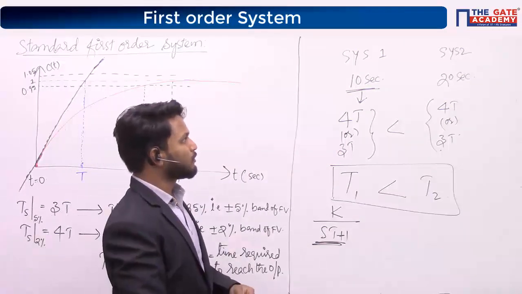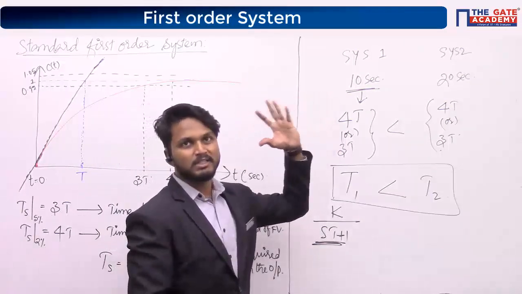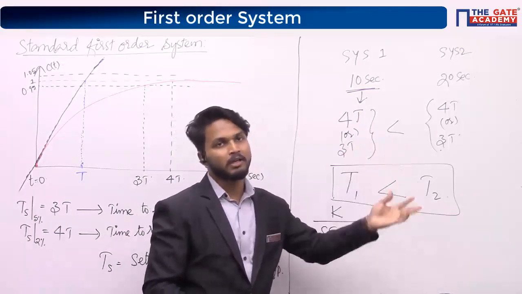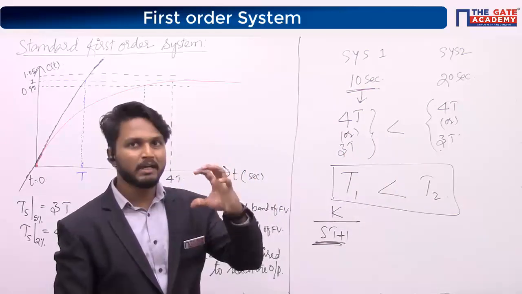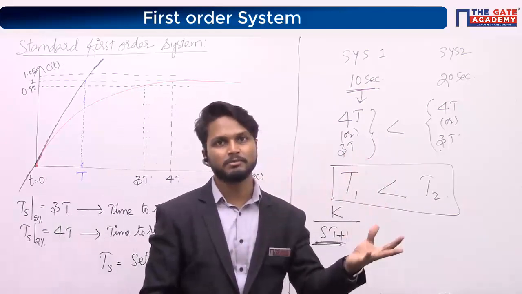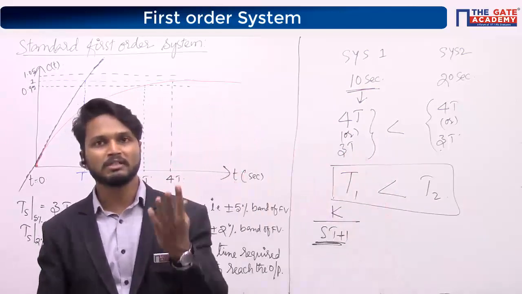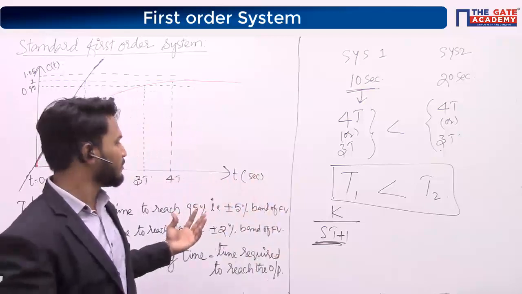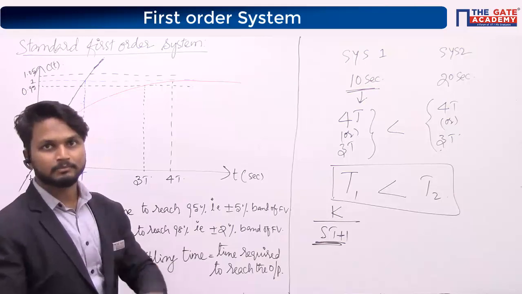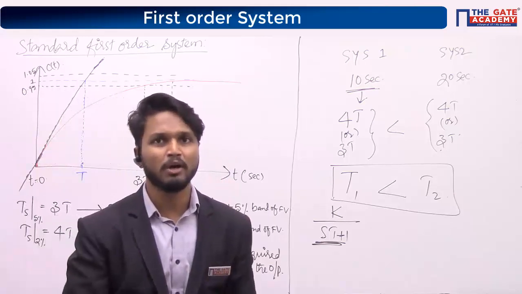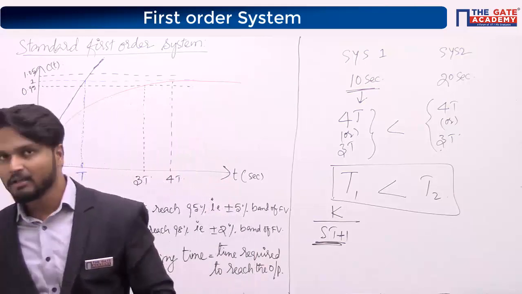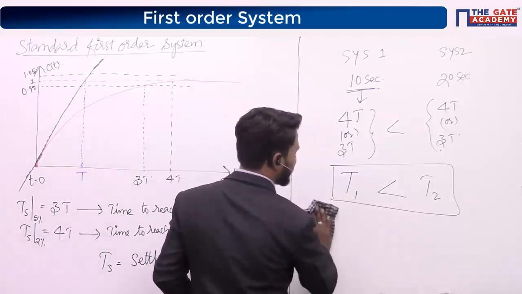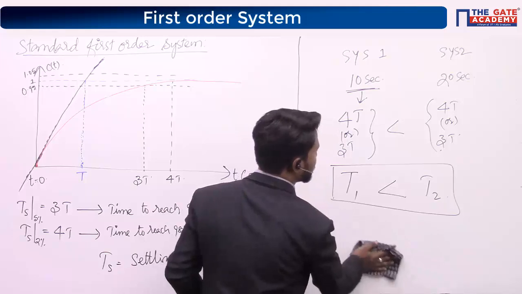So if we have two systems, one settles faster and one settles slower, we are comparing the speed of both systems by saying that one is fast and another is slow, just by comparing their settling times. Settling times depend on what? Time constant, right? So we can directly state a system which has a lesser time constant is faster.